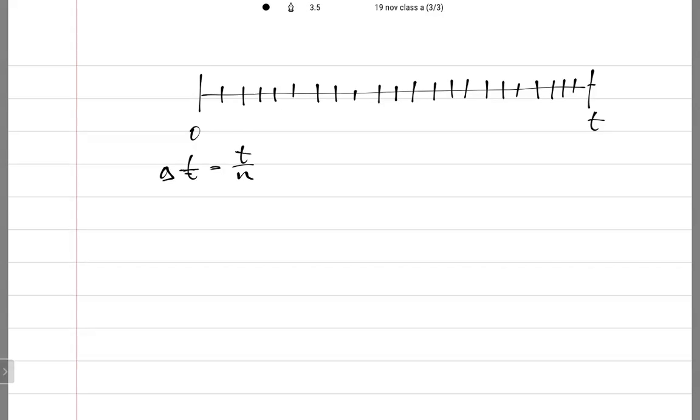So I have divided a big segment into n small segments of equal length. In the general definition of a stochastic integral, the maximum length should be limited.